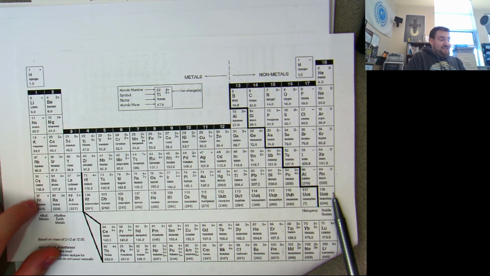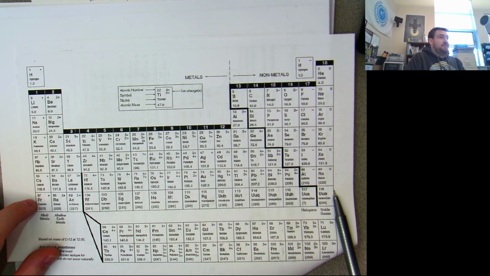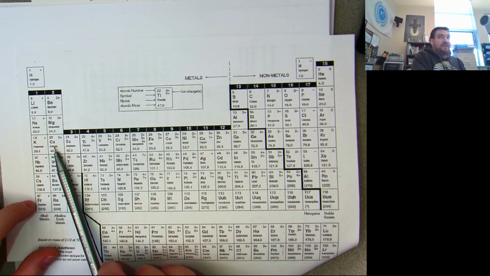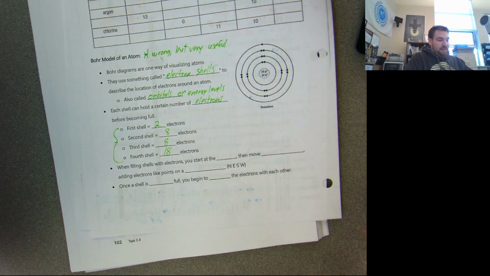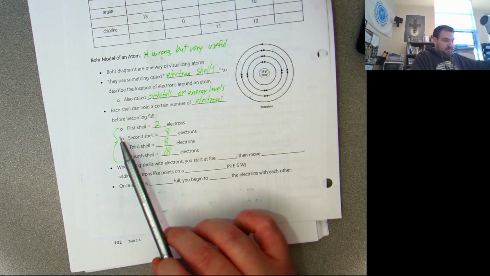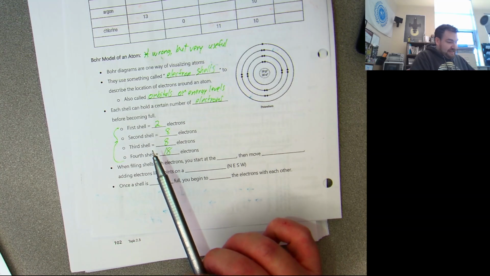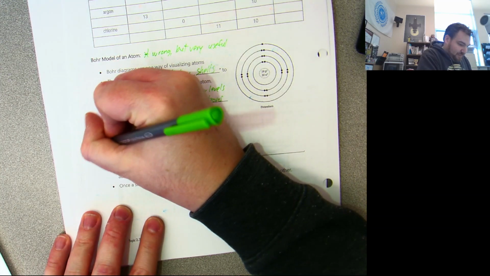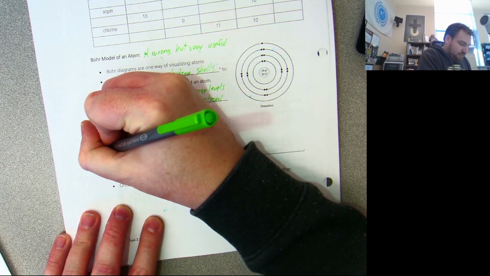So that means these last 2 energy levels, each of them would be able to hold 32 electrons, which would be an awful lot to draw. We don't draw those. In fact, I'm not going to ask you to draw anything bigger than calcium. How many they contain is the row of the periodic table.